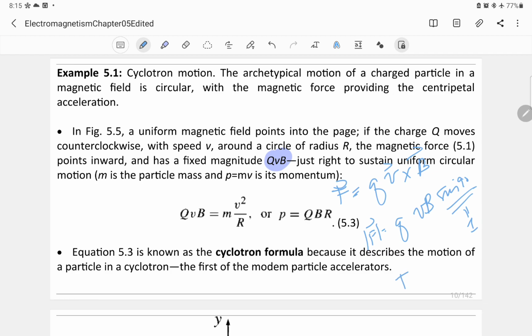So your magnitude of force would be QVB, or in this case capital QVB. So that is the force that sustains the uniform circular motion of the particle of charge Q.